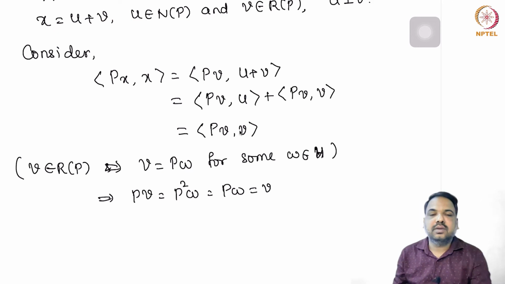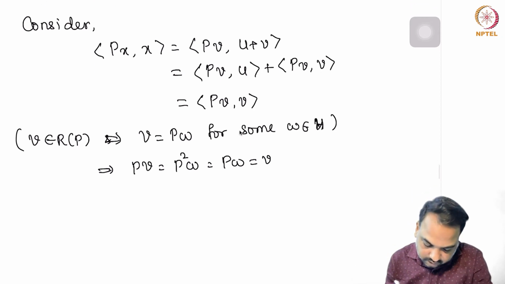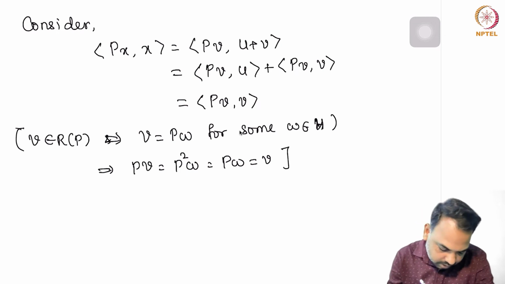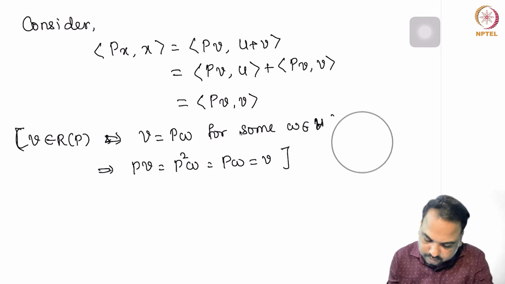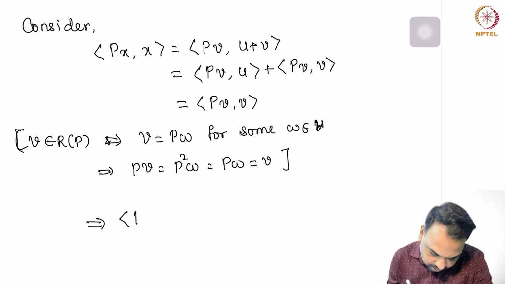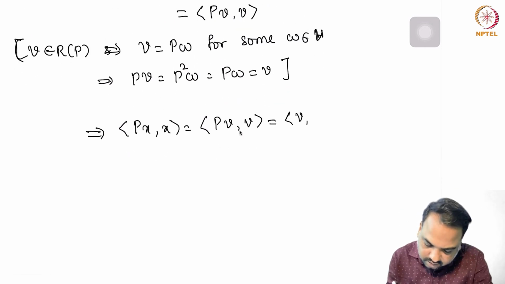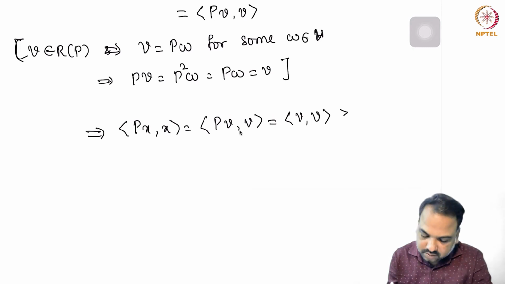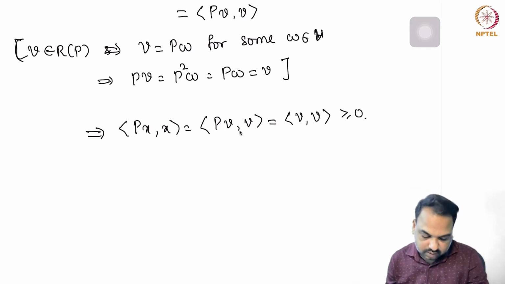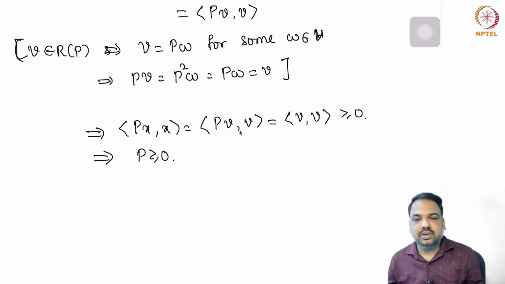So whenever we have an element from the range of P, that element remains as it is when we apply P. So we can conclude that inner product of Px with x is nothing but inner product Pv with v, but we know that Pv is nothing but v, so inner product v with v is always positive. So this completes the proof of the fact that P is positive.